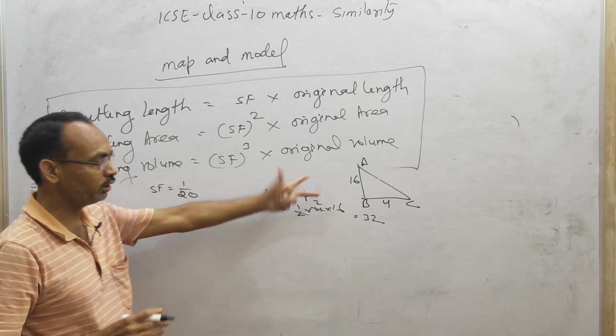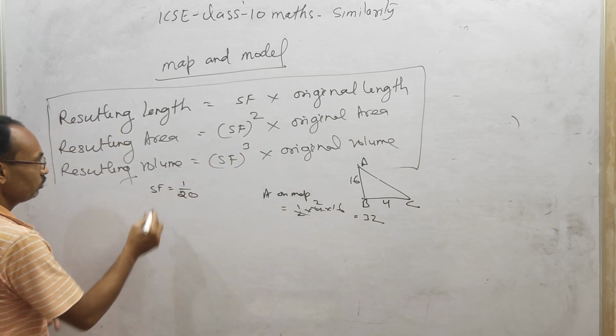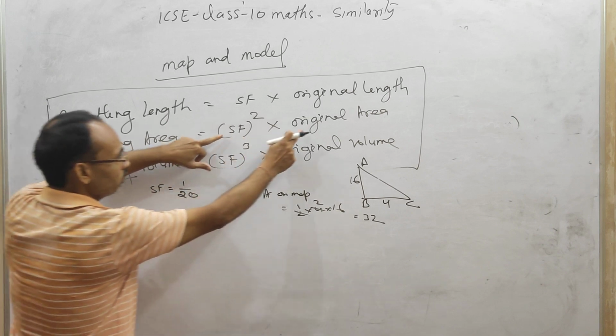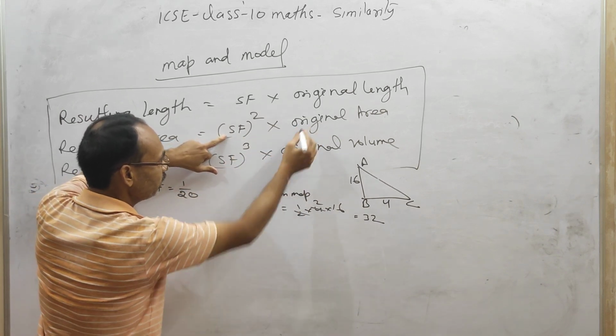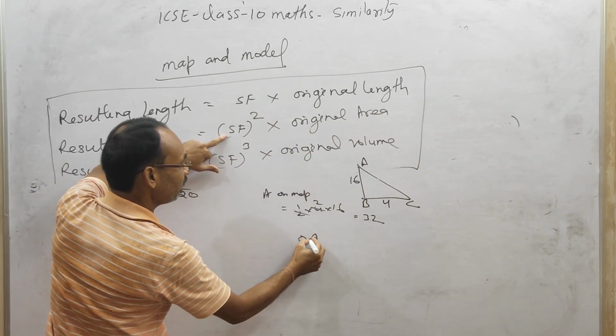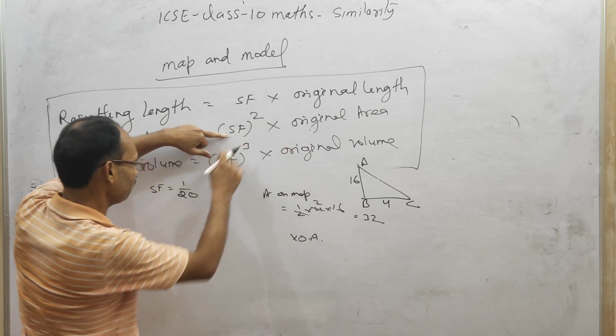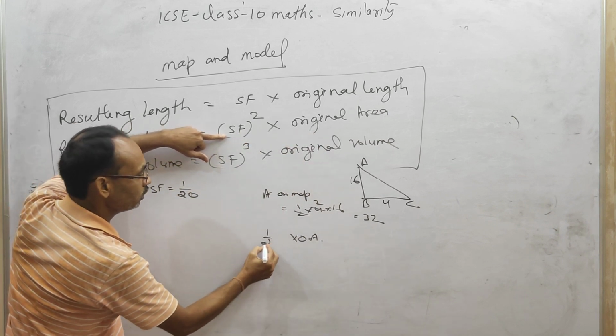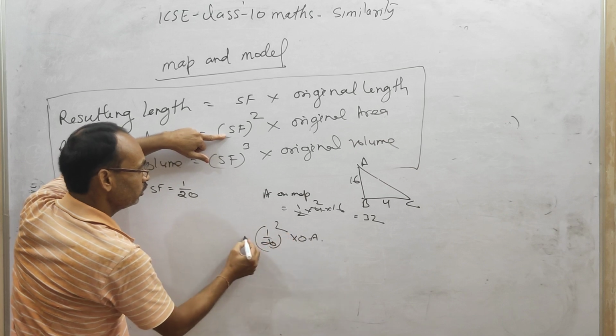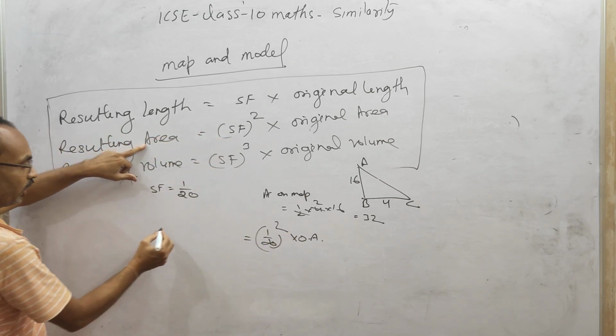What is the original area of this figure? The original area should be found out, and the scale factor 1 upon 20 squared is equal to the resulting area.